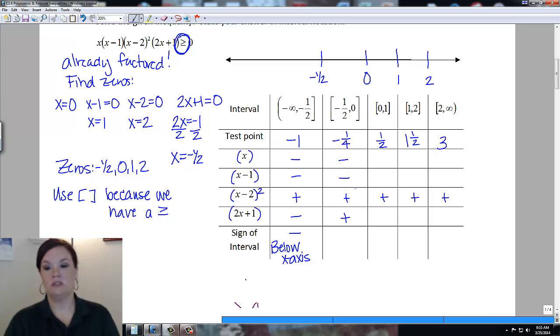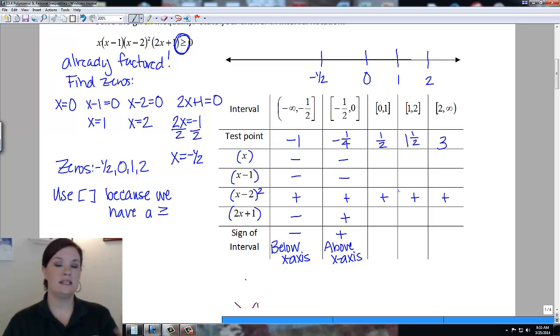So I'm going to multiply those 4 signs together. I have 2 negatives and 2 positives, which is going to make this a positive interval, which means that all my y values for this set of x's are above the x-axis.